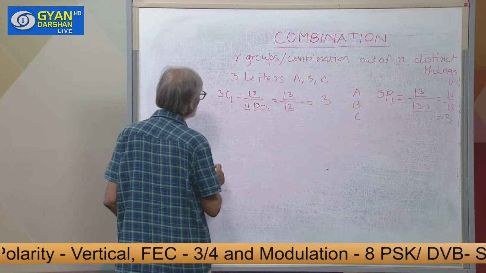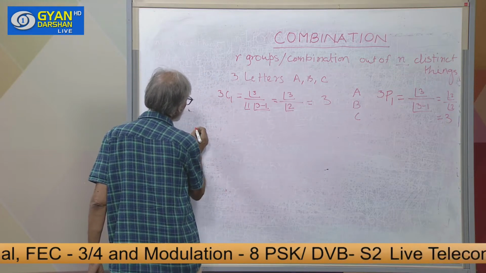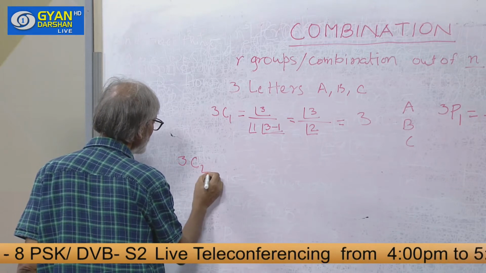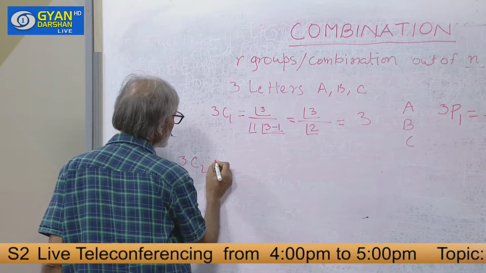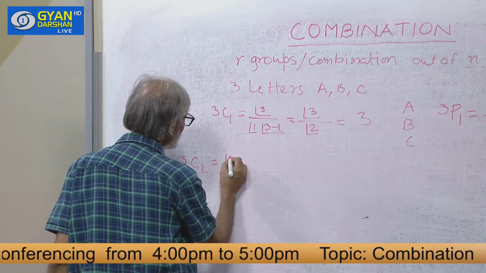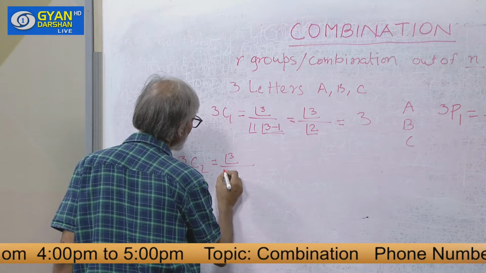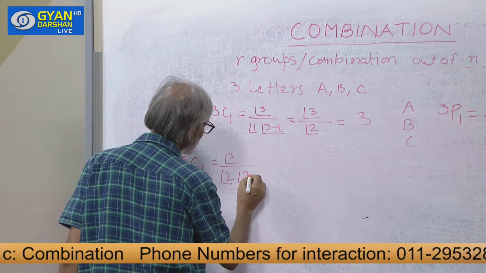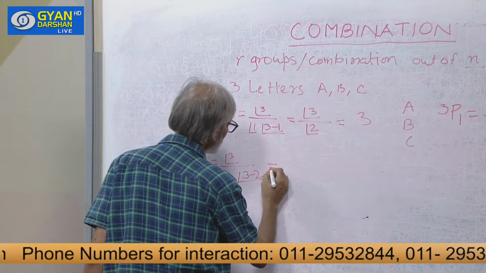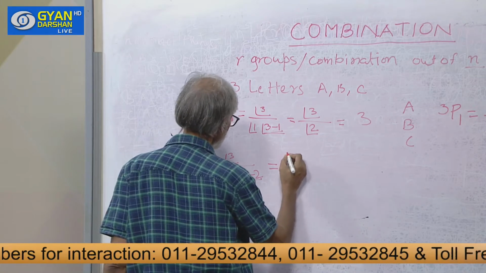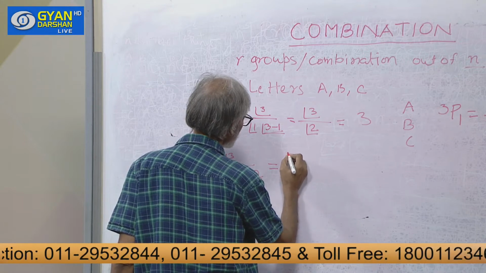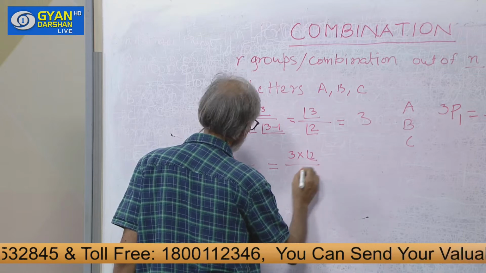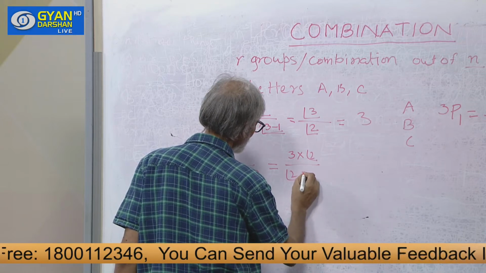Now, suppose we take 2 letters at a time, 3C2. This will be equal to factorial 3 divided by factorial 2 into factorial 3 minus 2. So, this will be 3 into factorial 2 divided by factorial 2 into factorial 1.